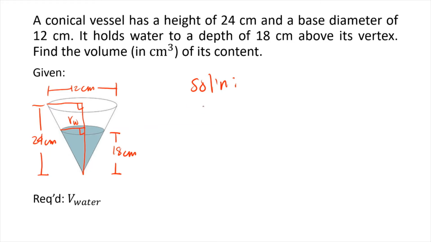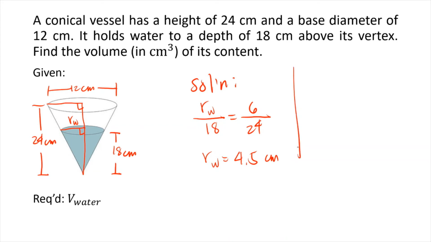So we can take the ratio between the radius of the water and the height of the water, 18 centimeters, and equate this to the ratio between the radius of the conical vessel, which is 12 divided by 2, so that would be 6, over the height of the conical vessel, which is 24 centimeters. So solving for the radius of the water, we get 4.5 centimeters.